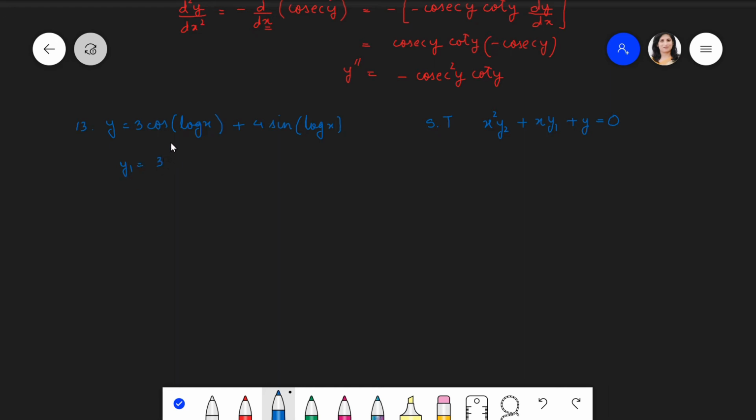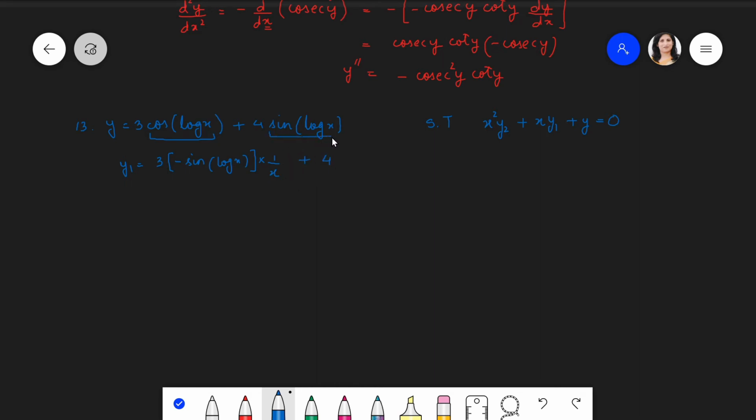So 3 times the derivative of this function, which is a composite function. So differentiating the cos function, we get minus sine log x. Then differentiating the log function, we get 1 by x. Likewise on the right hand side, 4 is constant.